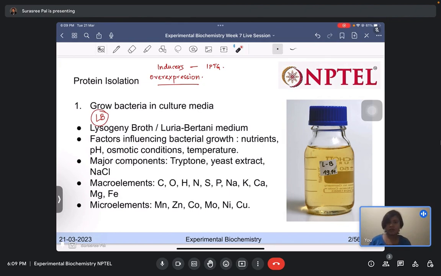This LB medium contains these components: tryptone, yeast extract, and NaCl. These are the major components of the LB medium, and it is prepared in a bottle like this or in conical flasks. We autoclave the medium.